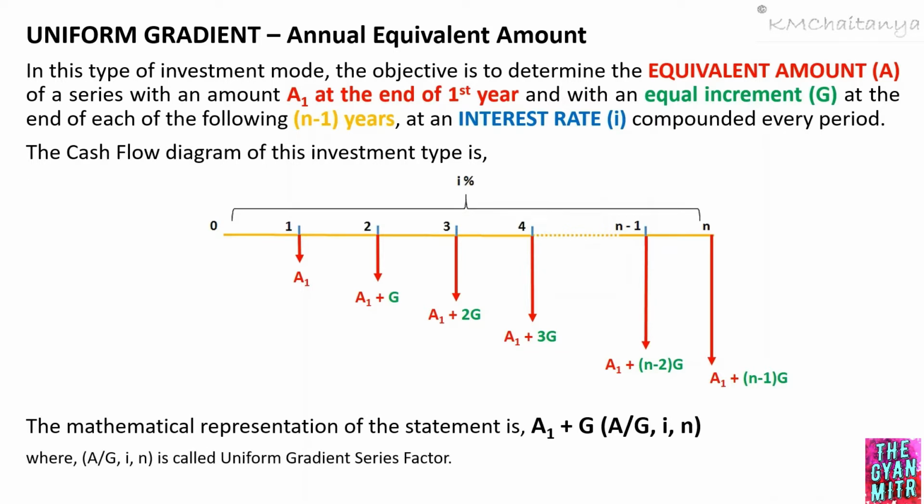The factor A slash G I n is called uniform gradient series factor.